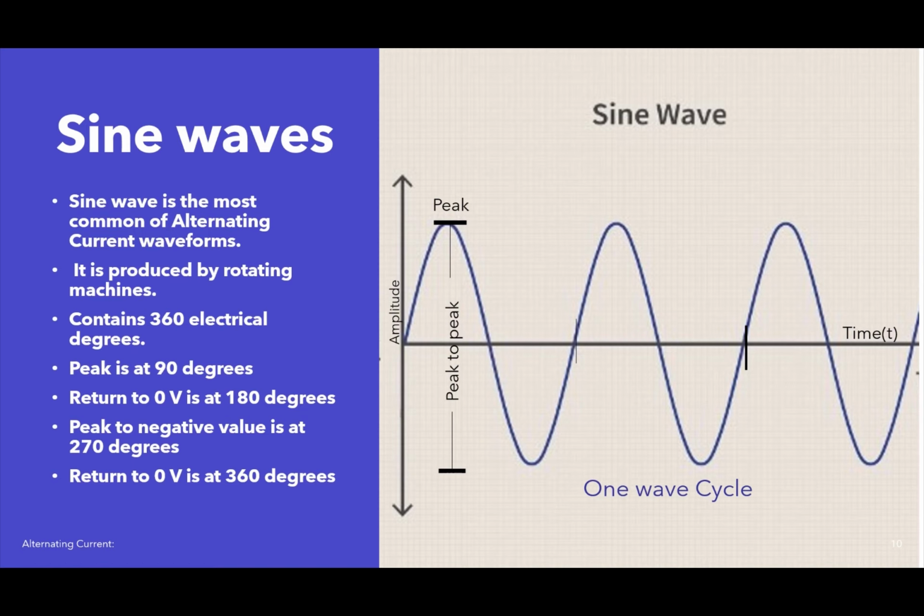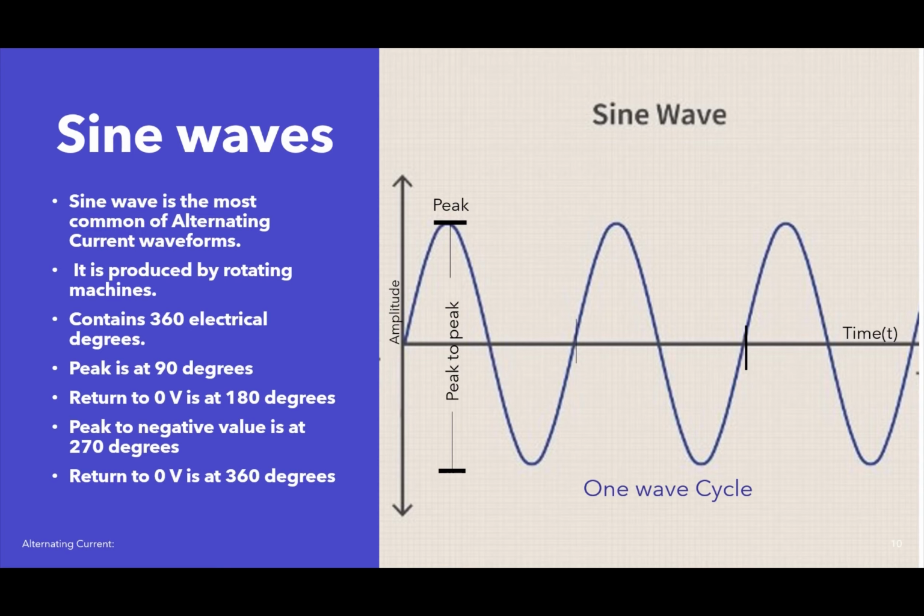Going back to 0 again, you add 90 to 270, and that's your 0 volts again, which is 360 degrees. So from here it starts, 90 degrees right there, 180 degrees right here, 270 degrees right here but in the negative direction, and 360 degrees right here at 0 volts again. So your only peaks are at 90 degrees and at negative 270 degrees.